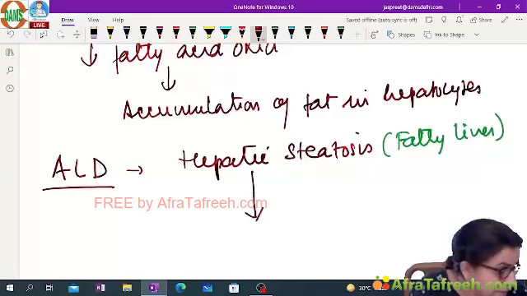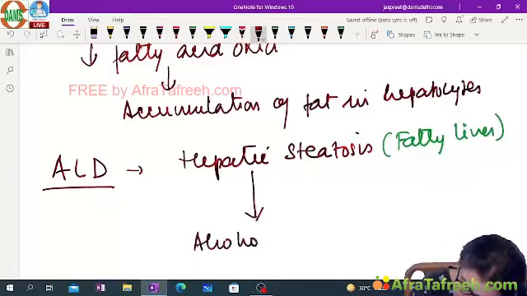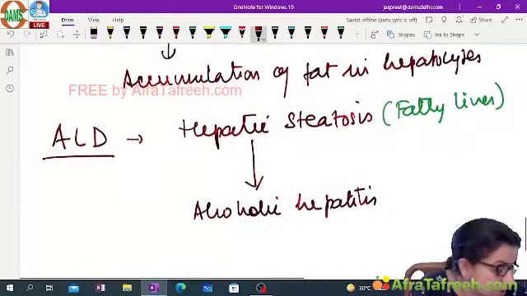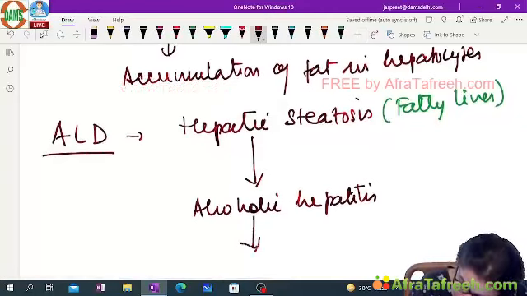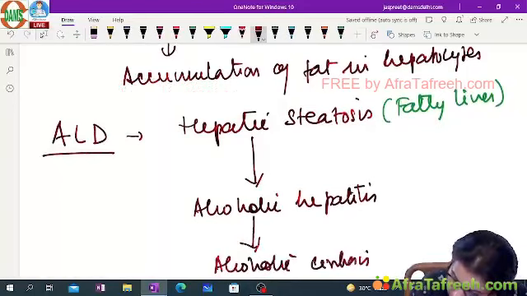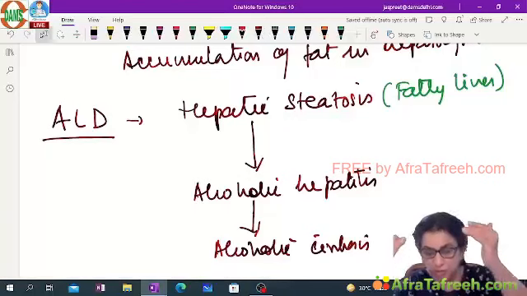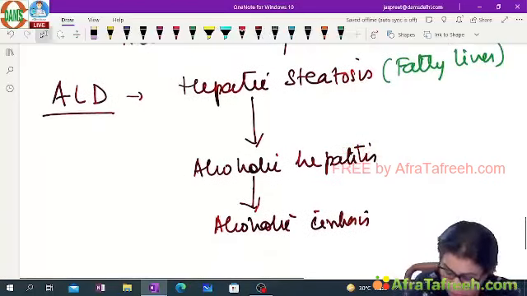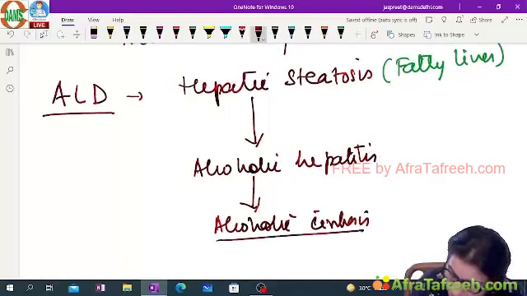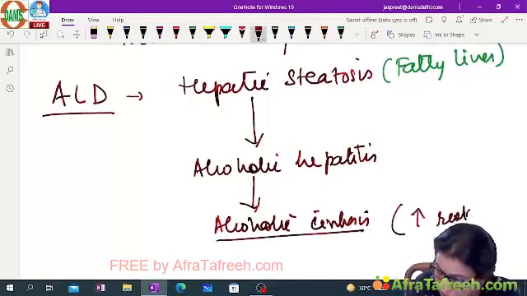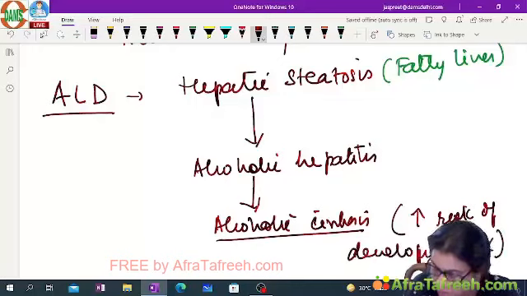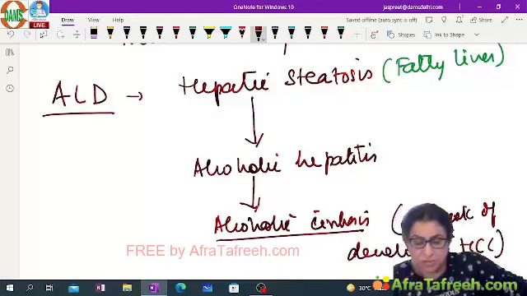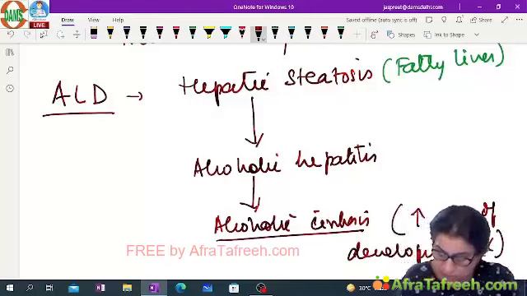This is followed by alcoholic hepatitis, and alcoholic hepatitis can progress to alcoholic cirrhosis. So first steatosis, then hepatitis, and then cirrhosis. And once a patient develops cirrhosis, alcoholic cirrhosis is associated with increased risk of developing hepatocellular carcinoma.